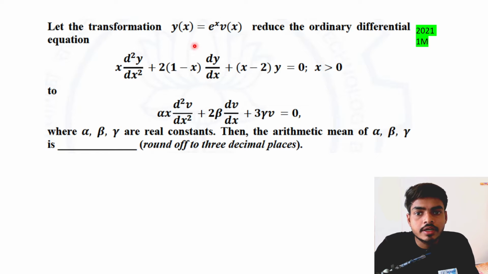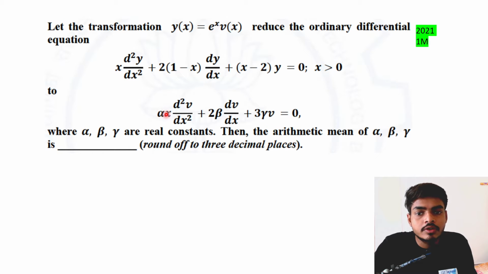Here they have given you one transformation, y(x) = e^x v(x). They want you to reduce the given ordinary differential equation. You need to find dy/dx and d2y/dx2 from this relation, put them into the equation, and then put it into this form.